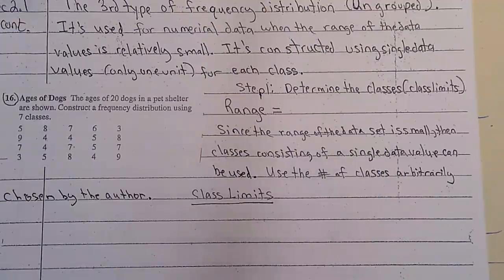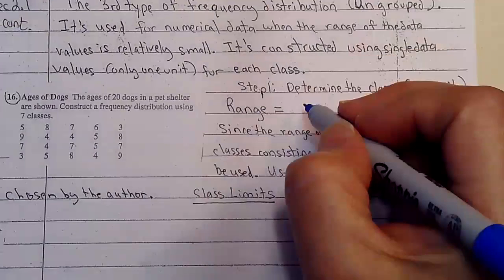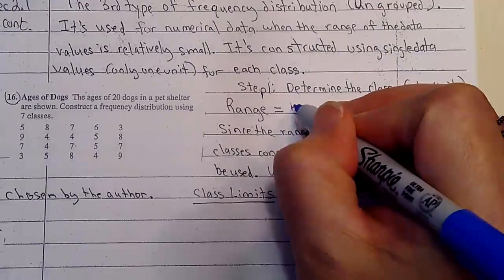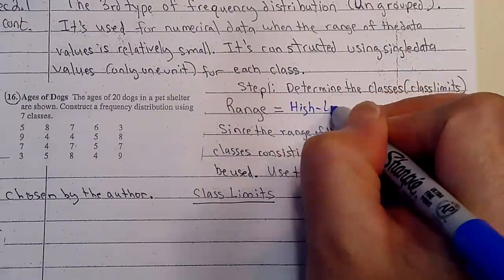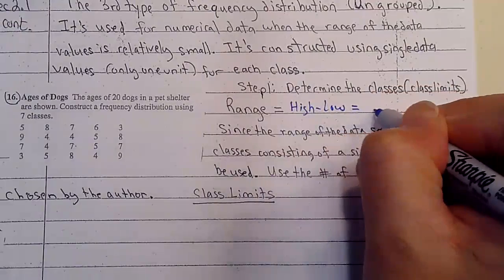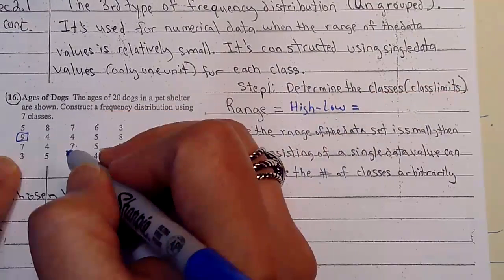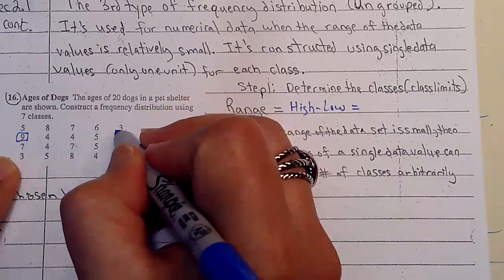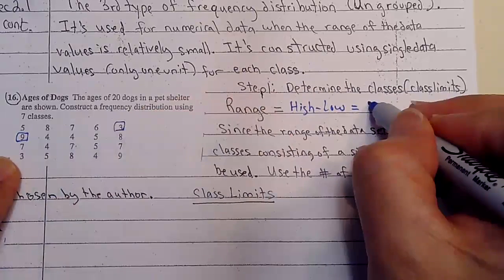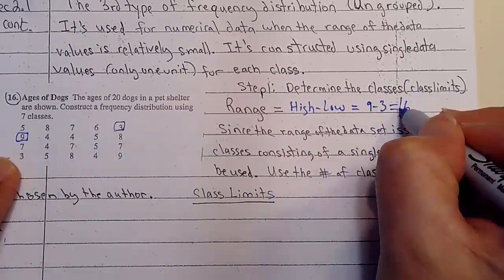So we find the range, which is the high data value minus the low data value. The high data value here is 9, and the low data value here is 3. So 9 minus 3 is 6.